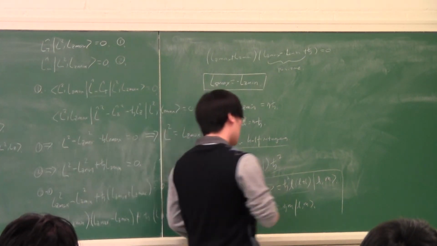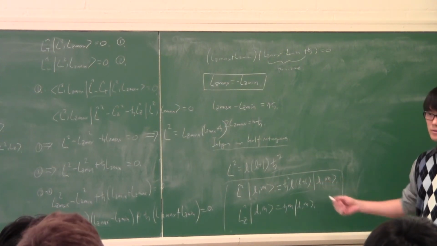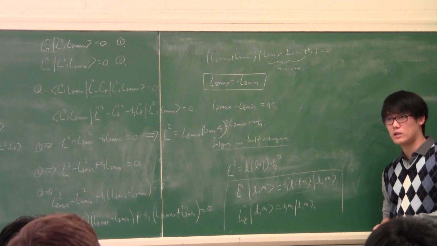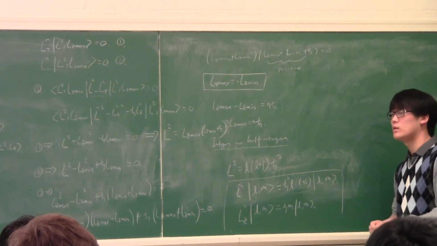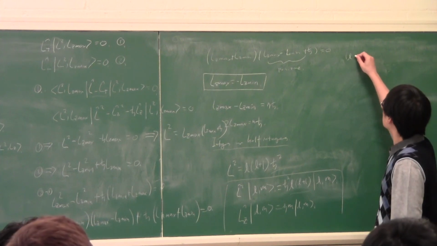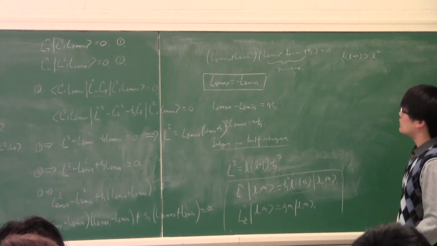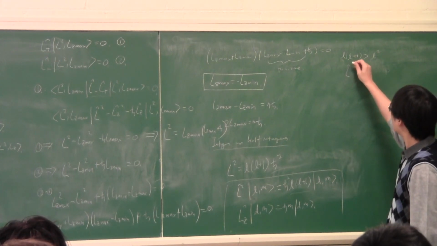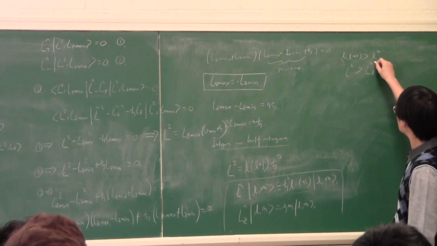We deduce from here that actually L squared must be strictly greater than L_z squared, because the maximum value of L_z is just L. The maximum value of M is just L. Right? Since L times L plus 1 is strictly greater than L squared, we get that L squared is strictly greater than L_z squared.